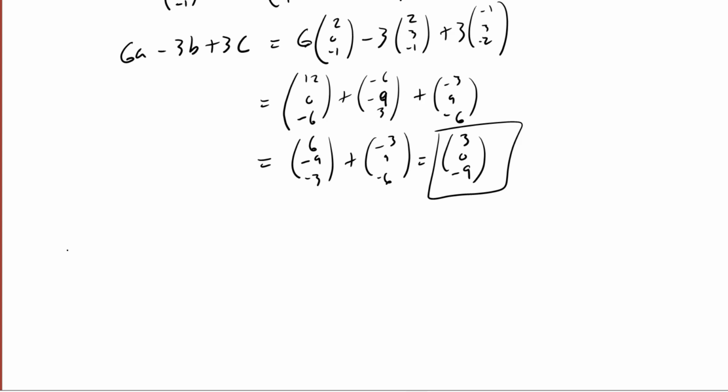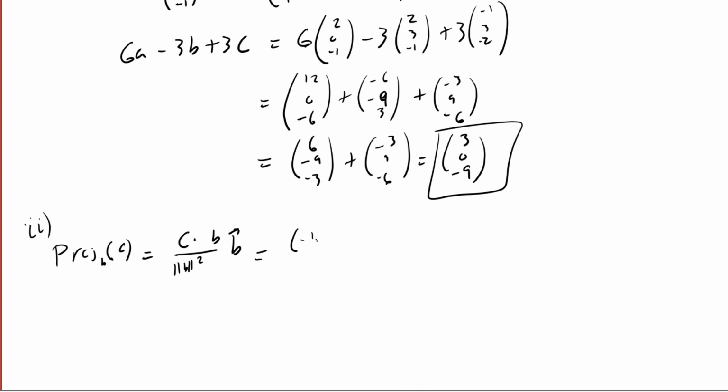Okay, find the projection of C onto B. So this is going to be C dot B over norm B squared times B. Okay, so that's going to be C right here, negative 1, 3, negative 2, dot 2, 3, minus 1.